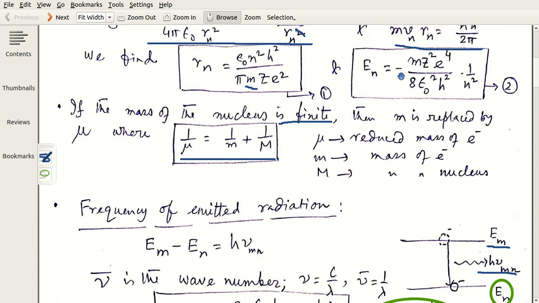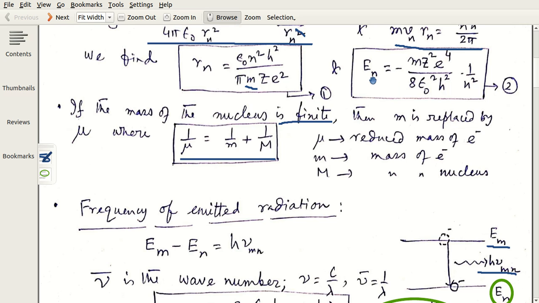What does this negative energy mean? It means you need to supply energy from outside to take the electron out of the atom. That means you want to free the electron from the field of the nucleus. So you have to put energy into the atomic system, so that the electron's energy becomes more and more positive, and ultimately it becomes zero.